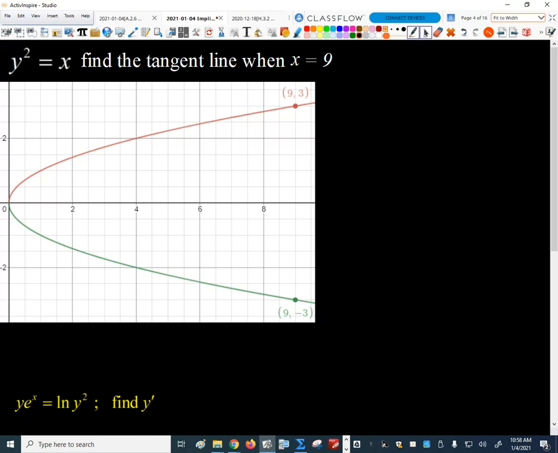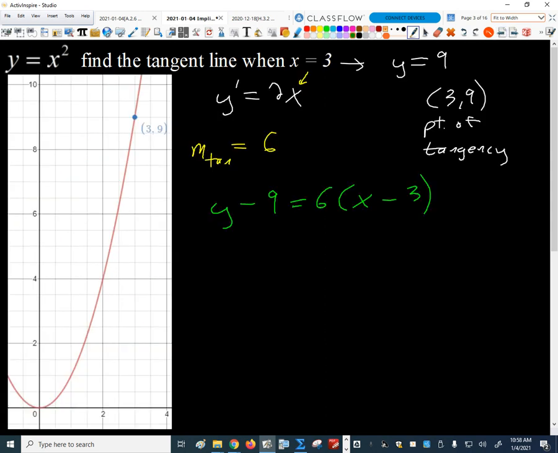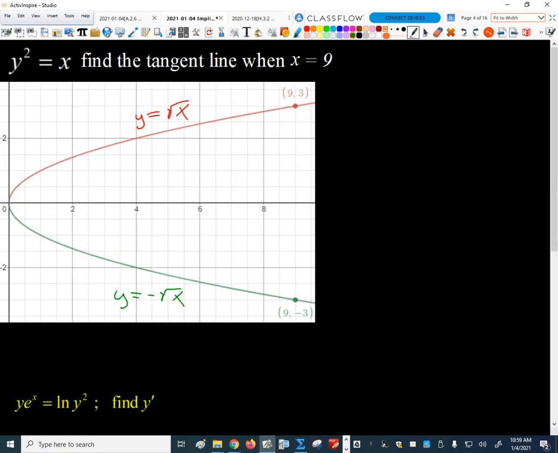We could just break this up into 2 separate functions. I could do the top function, y equals the square root of x, and the bottom function, y equals negative the square root of x. And I could find both of those tangent lines independently the way I did with this one, right? Wouldn't be a big deal to do that, okay?